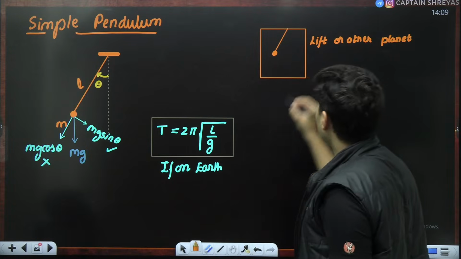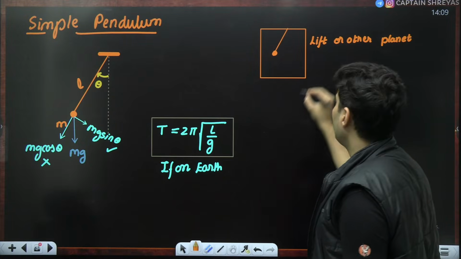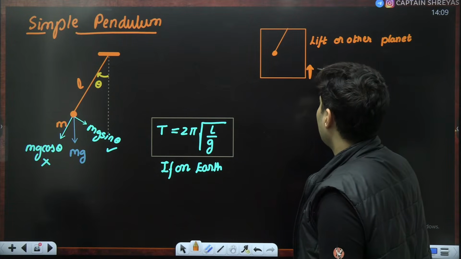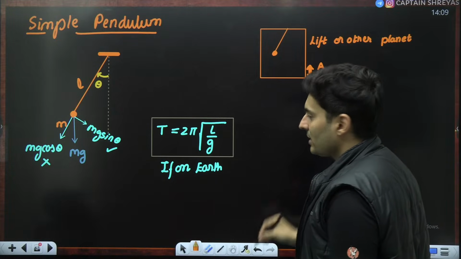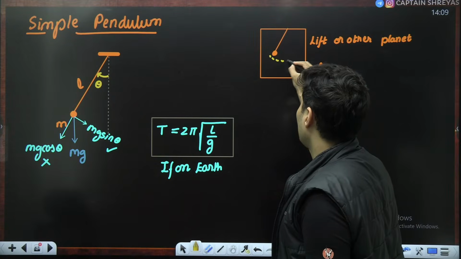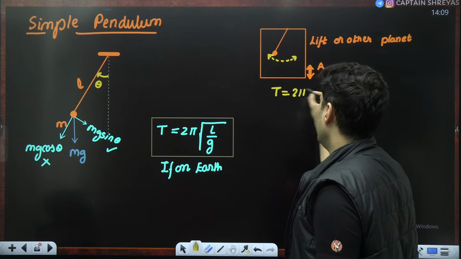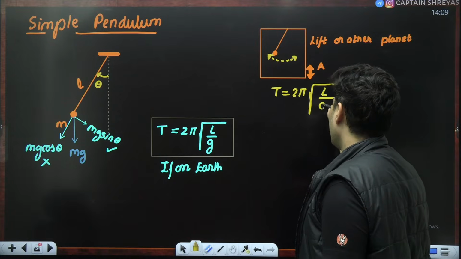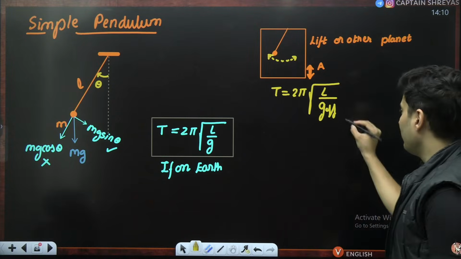Then what will happen? Inside the lift, the gravity perceived will be very different. Maybe the lift is accelerating up, maybe down, or maybe somewhere else. g is different. So in such cases, when you have to find the time period of the pendulum, you will use 2 pi root L by g effective. g effective, very, very important.